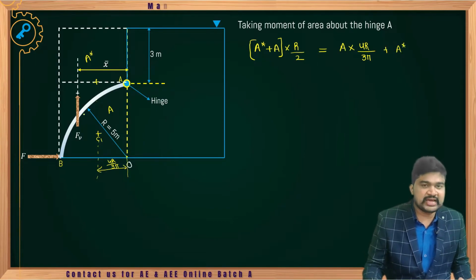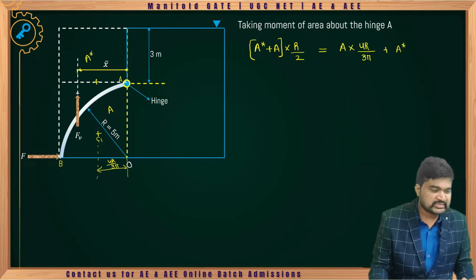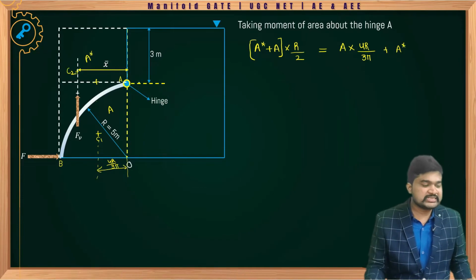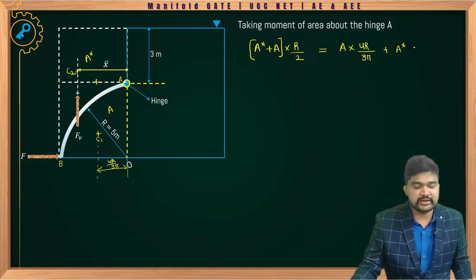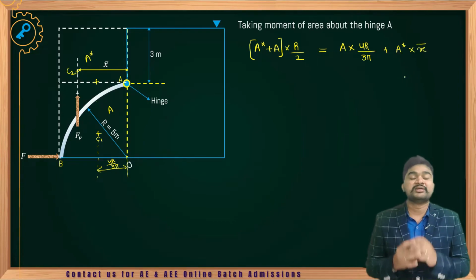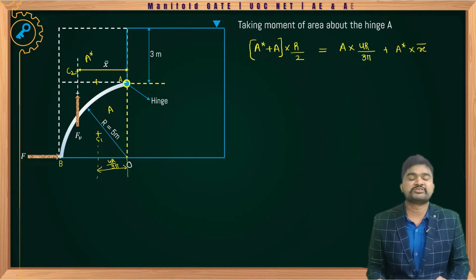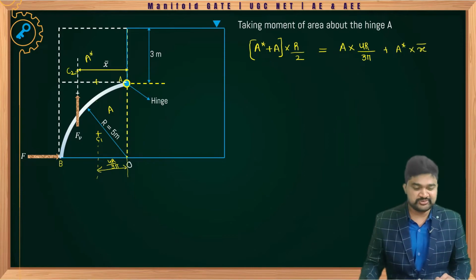Total remaining area A star. What is the centroid of that? Somewhere here, centroid C2. That is the distance x bar into x bar. Now we need to calculate x bar. That is the point of location of the vertical force acting on the curved surface.